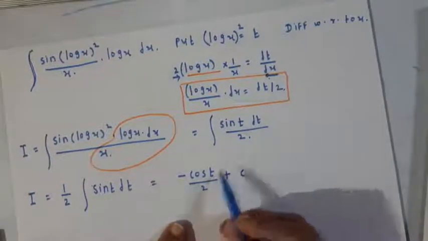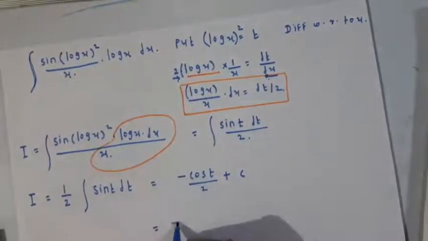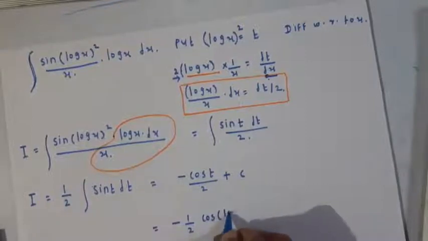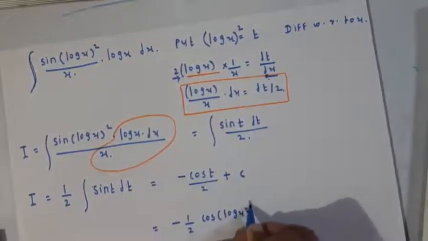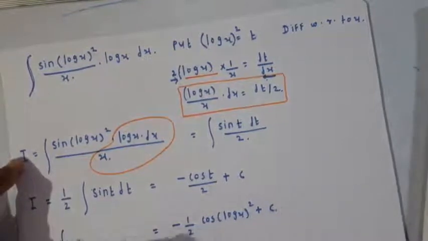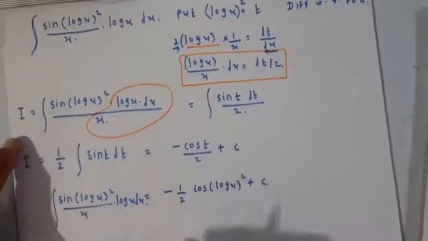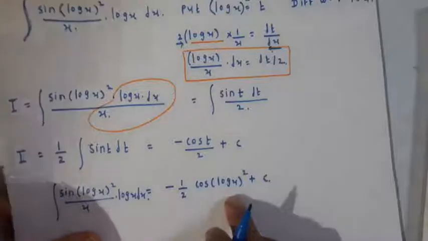What is the value of t? t equals log of x whole square, and hence our answer is minus 1 by 2 cos of log of x whole square plus constant of integration c, and this is the integration of sin of log of x whole square upon x into log of x with respect to x. This is the solution for the problem.